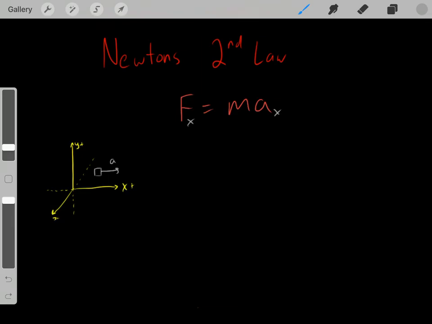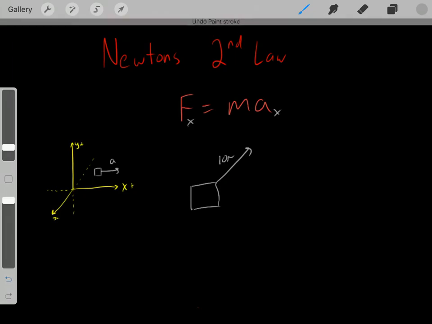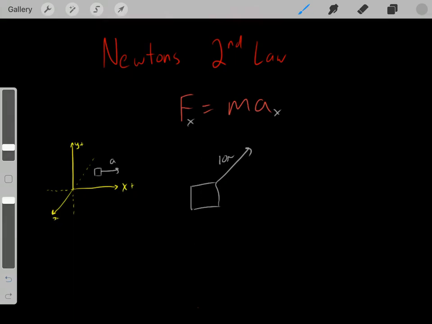But something else important to note is, for example, let's say we have this object. And again, let's say it has a force in this direction of 10 newtons. And let's say this is positive x, and this is negative x, and this is positive y, negative y. So let's say we have this 10 newton force, and it was 60 degrees to the parallel. And let's say it also has a force of 1 newton in this direction.